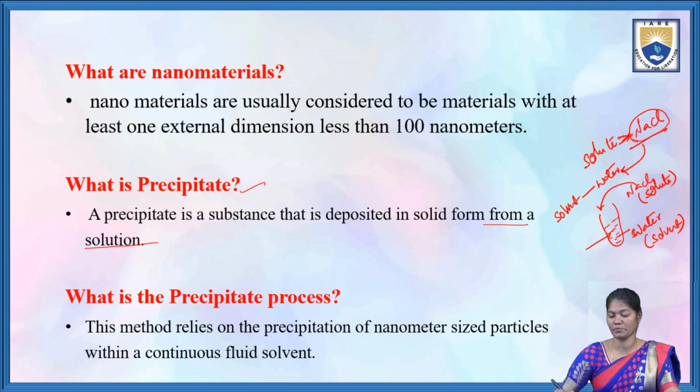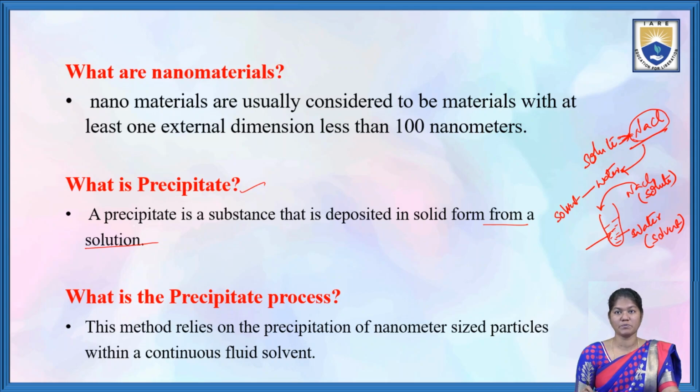So that would be left over at the bottom of the solvent. That remaining substance is called the precipitate. A precipitate is a substance that is deposited in solid form from a solution.